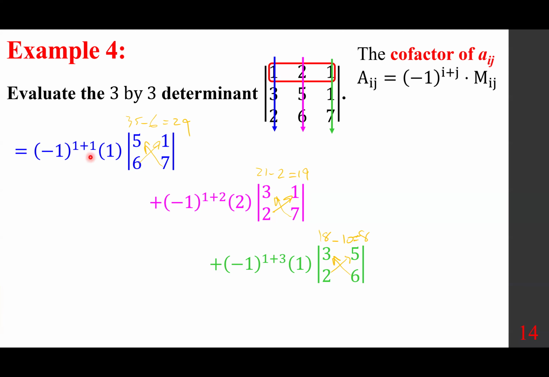This is positive 1, 1 times 29. This is negative 1 with 2, negative 2, negative 2 times 19 is negative 38. Positive 1 times 8 is 8. They add up to negative. So it's really not too bad. It can be done by hand, of course. But if you have a bunch of them, you can always use technology.